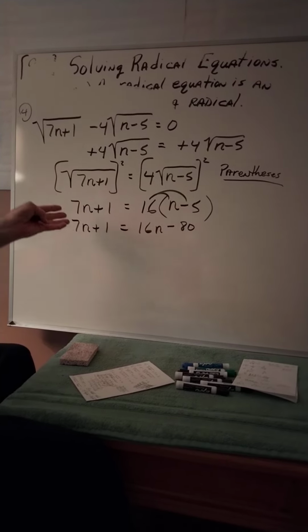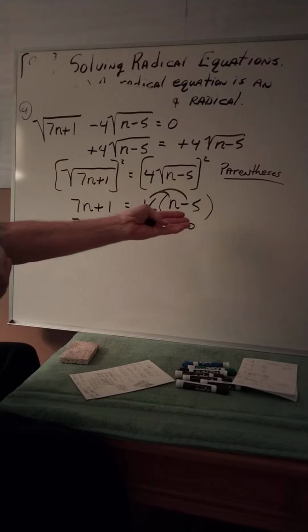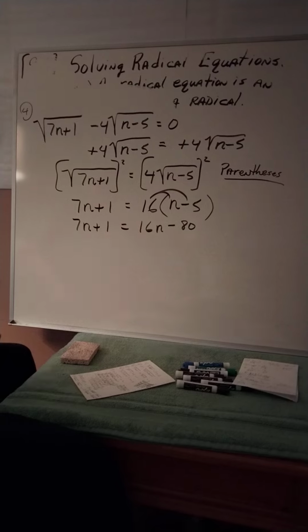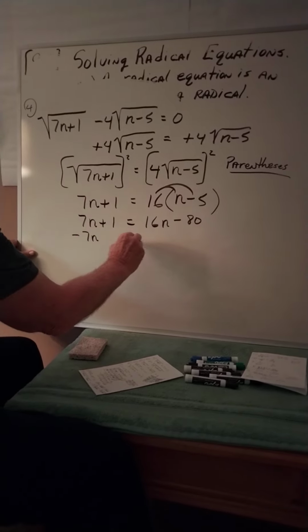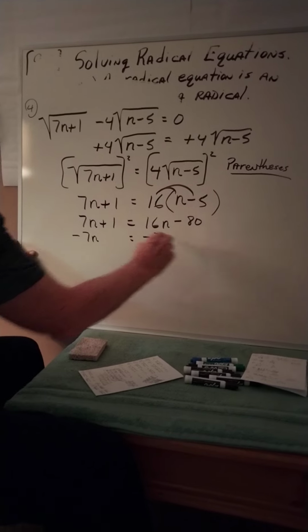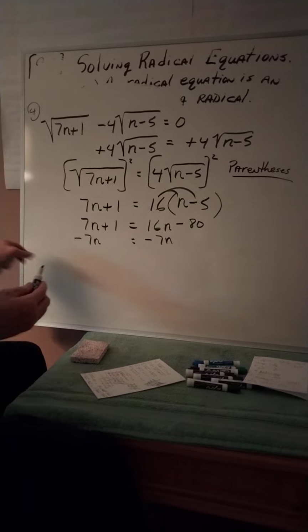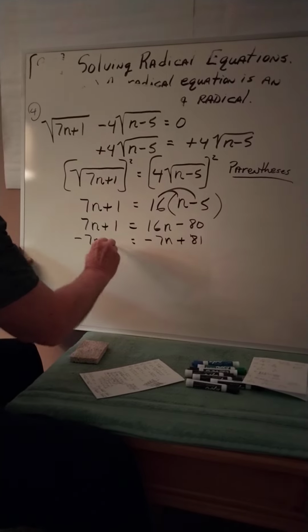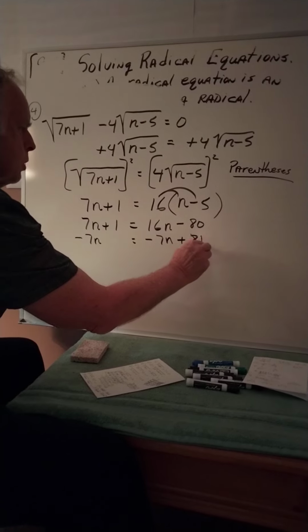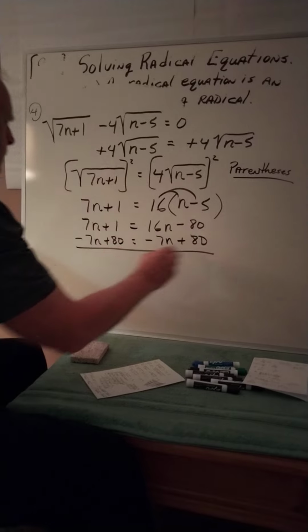I believe I'm going to move the variable terms over to the right-hand side and get the constant terms over to the left. Negative 7n on both sides. If the variables now are on the right, then we're going to have to move the negative 80 over to the left. Opposite: positive 80 on both sides.